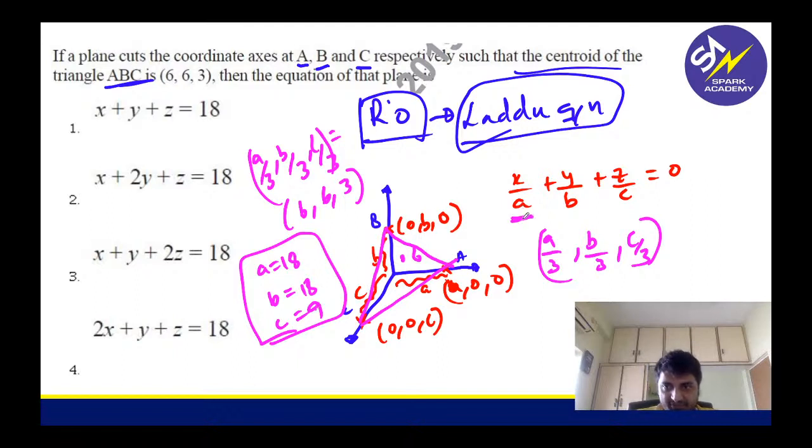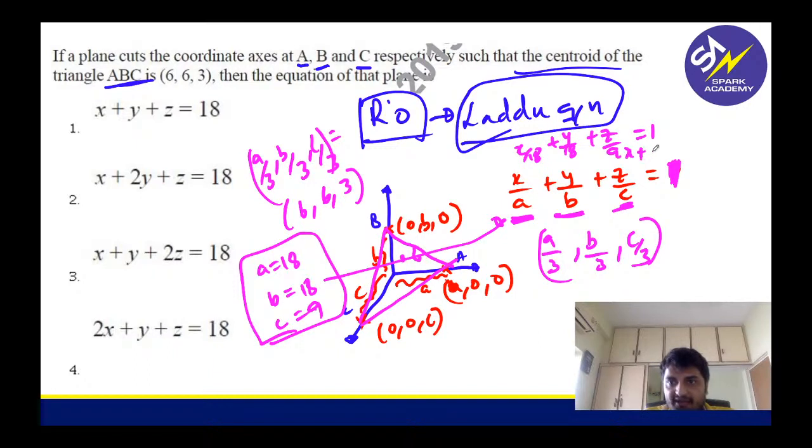So my final equation will be what? Instead of ABC, I have to substitute, equal to 1, sorry, intercept form, right? Very simple question. So you will get x by 18 plus y by 18 plus z by 9 equal to 1, or x plus y plus 2z equal to 2.